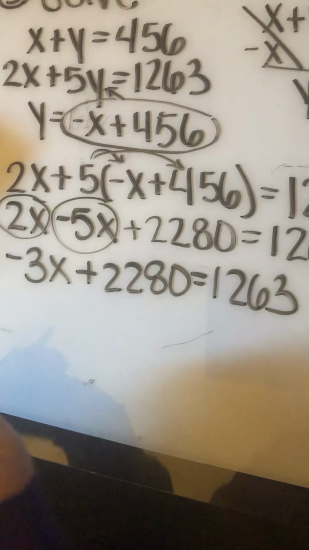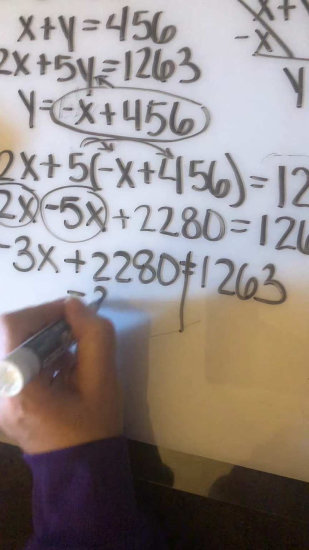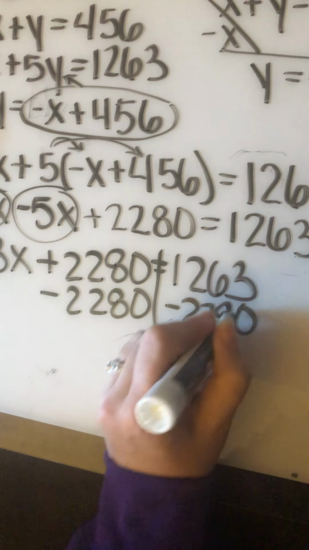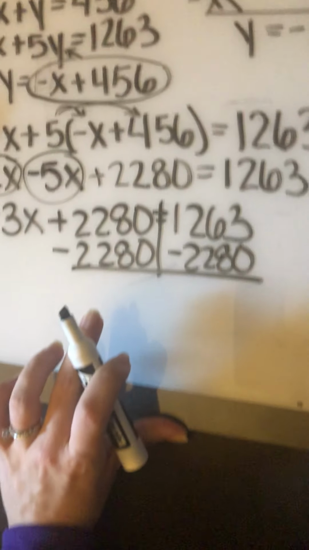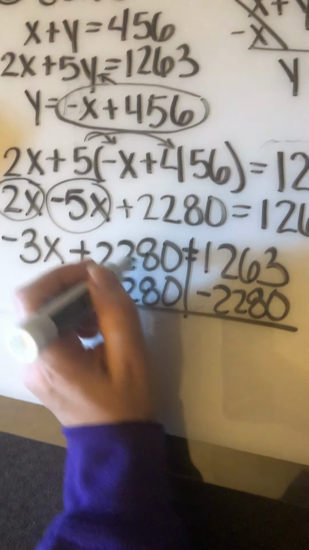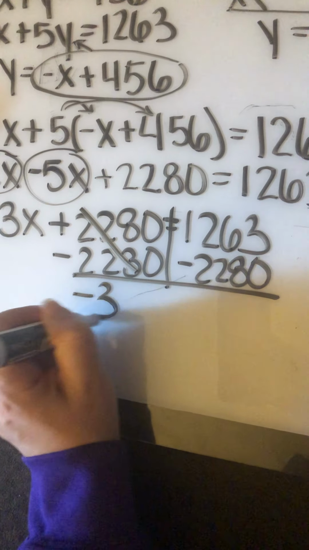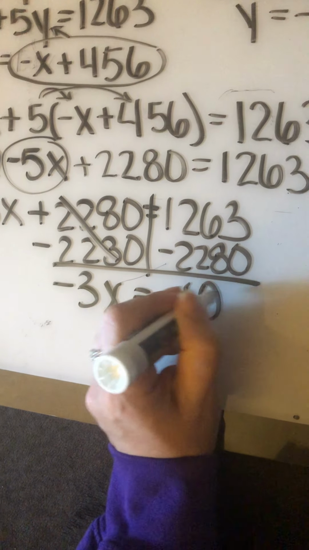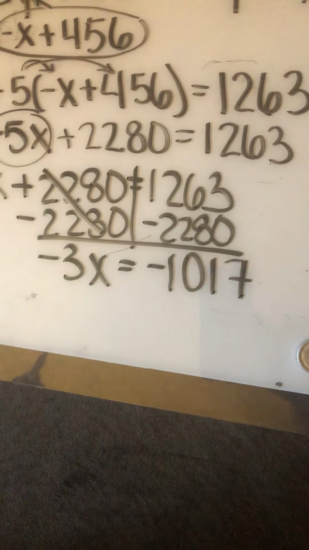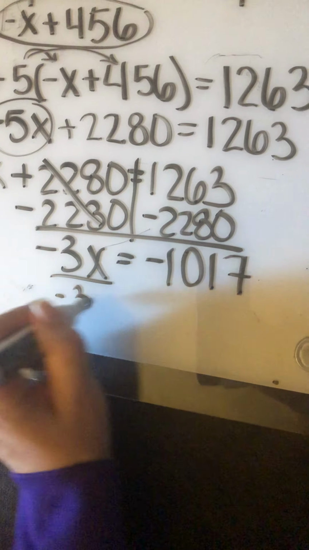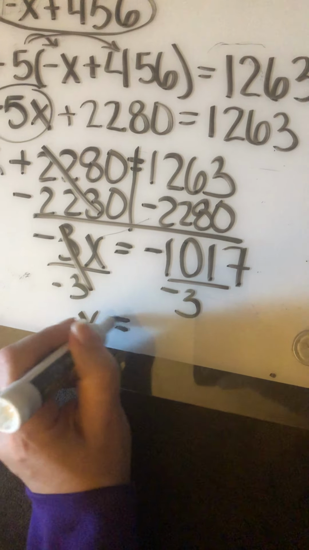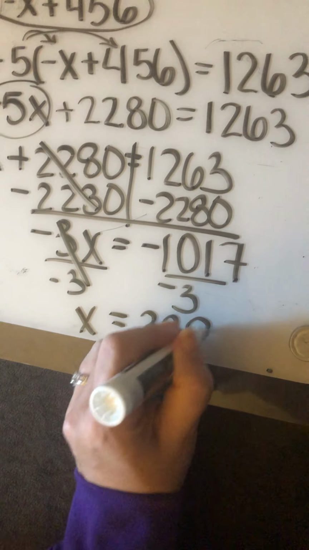Okay, I'm going to do my inverse, so I'm going to subtract 2,280 from both sides. Okay, I'm just going to slide this up because I'm running out of room. These would cancel. I'll be left with negative 3x equals negative 1,017. And then I would divide by negative 3. And my answer will be x equals 339.